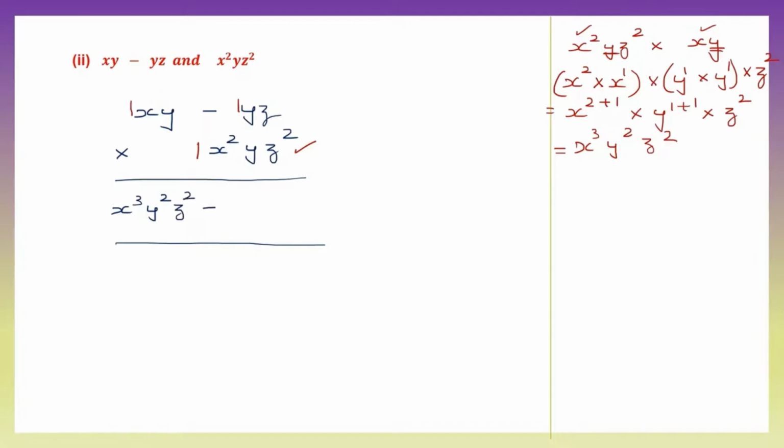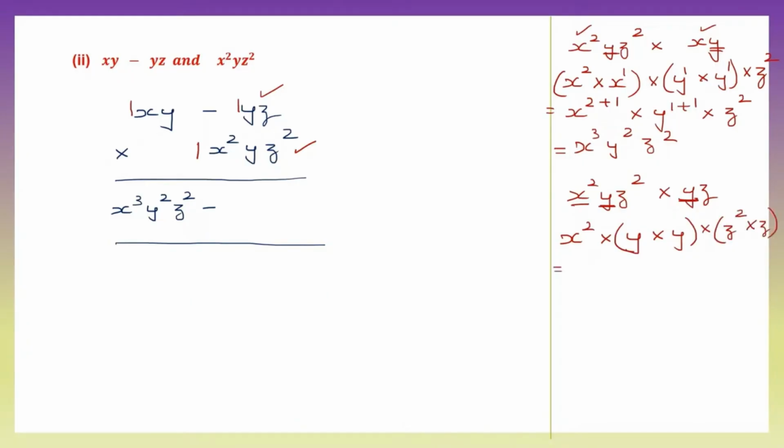Now we finish multiplying with this. Now we're going to multiply x square yz square into yz. Again the numbers are 1, so I've taken them off because 1 into 1 is 1. Now let me take only the x square. There's only one x square, so I'll write it down, into y into y, then z square into z.